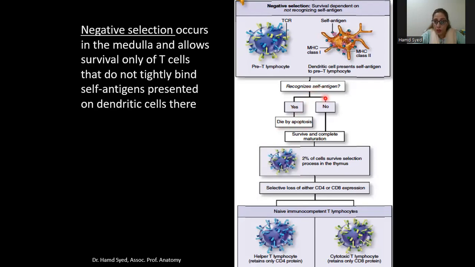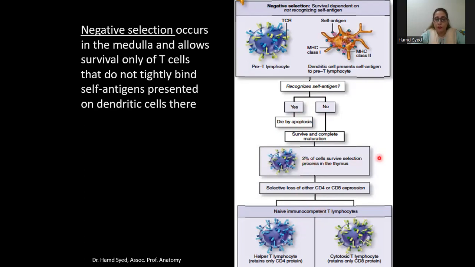And if it does not recognize a self-antigen, only in that case will it survive, and then its maturation will be completed. And now we say that it has passed through the process of negative selection, and now it is immunocompetent. Immunocompetent meaning now it is ready to fight the invader or the intruder, and it knows that it is not going to destroy or attack the self-antigens.